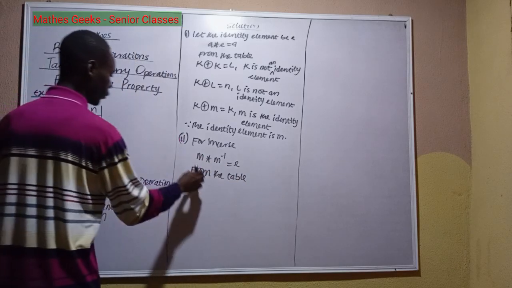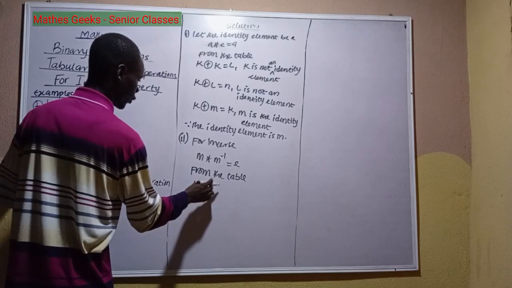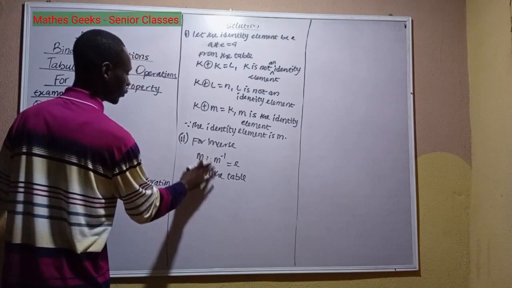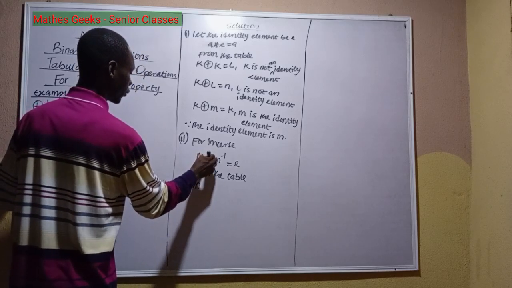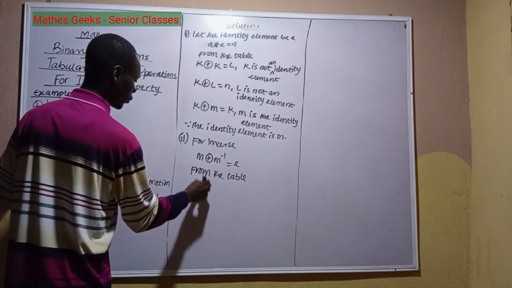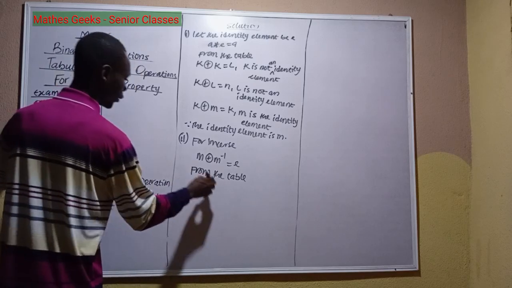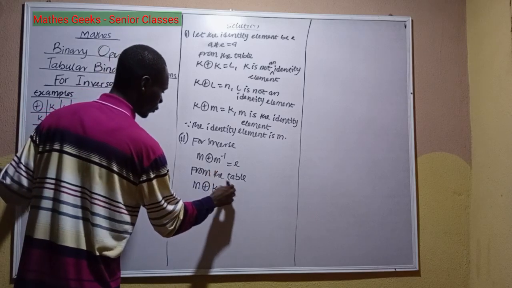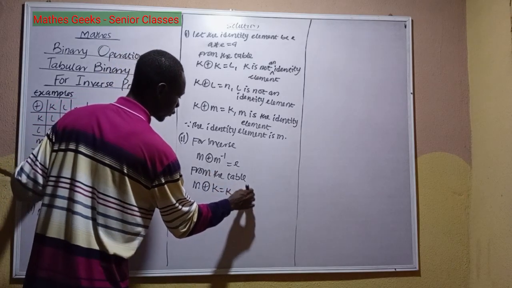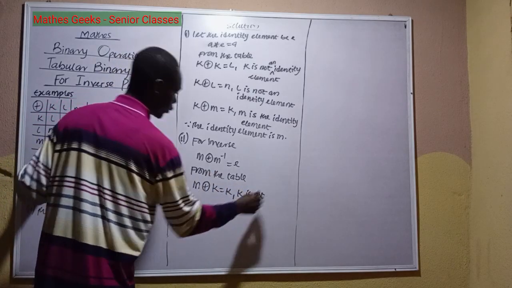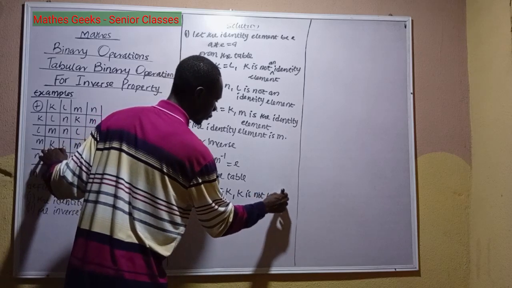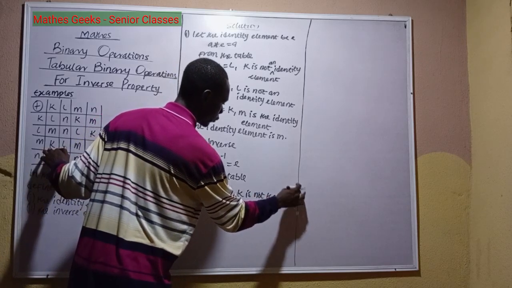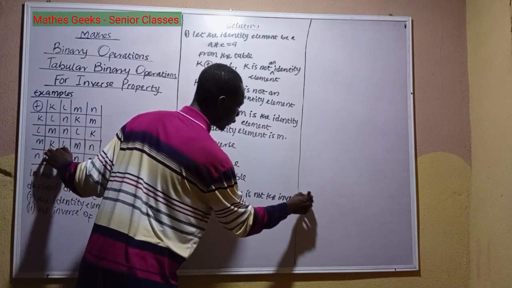Let's say N operation K is equal to K. So K is not the inverse of N.